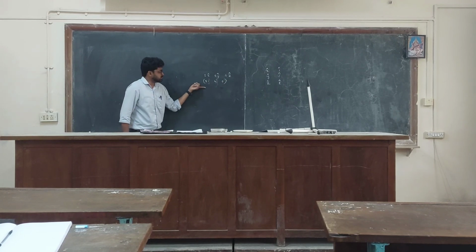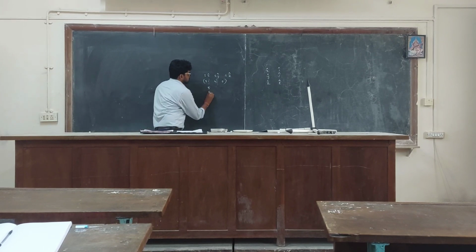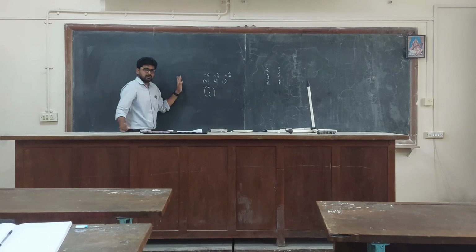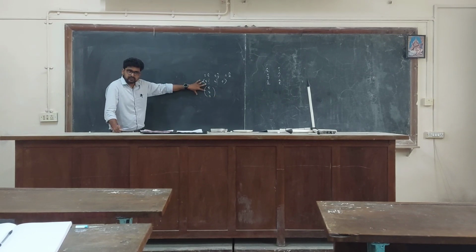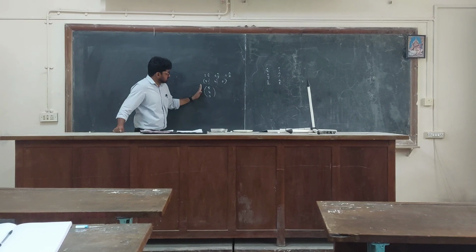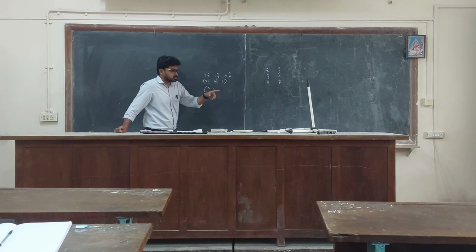This looks like a row matrix or column matrix: 5, 4, 0. So this is a vector. But this representation pertains only to the vector we have lying on the table. This is not a general representation.